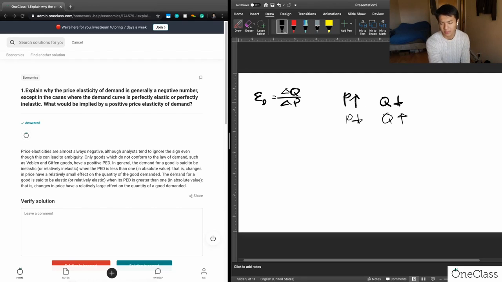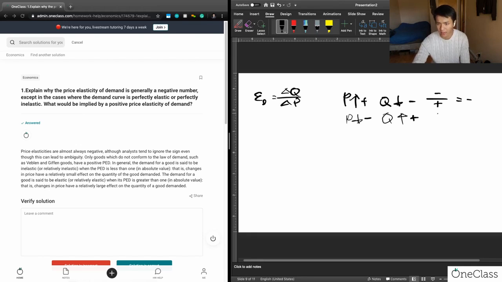And so if price goes up, that means the change in price has to be positive and the quantity change has to be negative. So a negative divided by a positive number is going to equal a negative number, right? Price decreases means that the change in price is going to be negative. Quantity increases means the change in quantity is going to be positive.